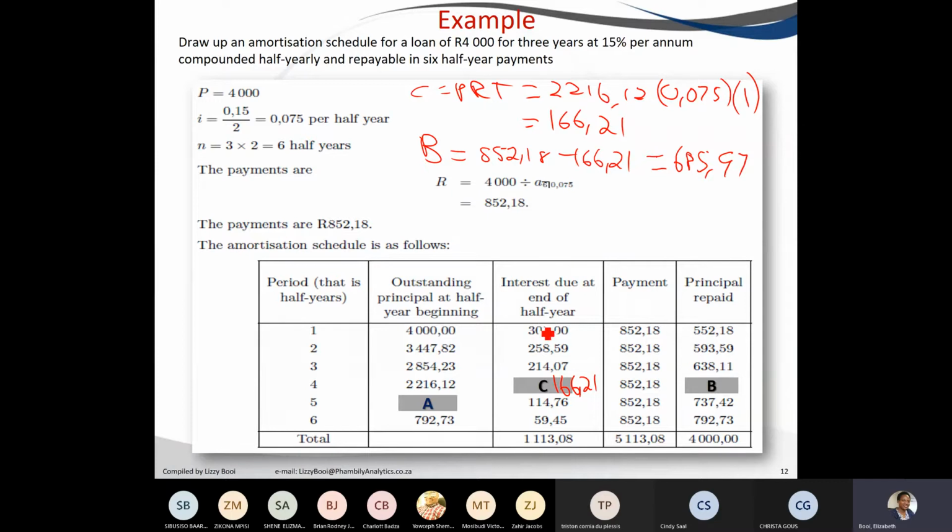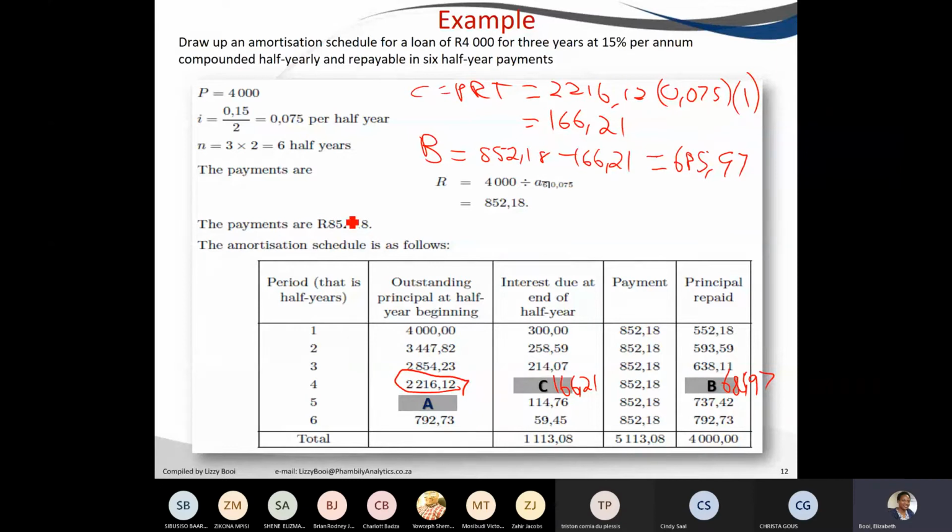685.97. Now I have my principal repaid, and I know that my outstanding principal for payment number 1 is 2216.12.